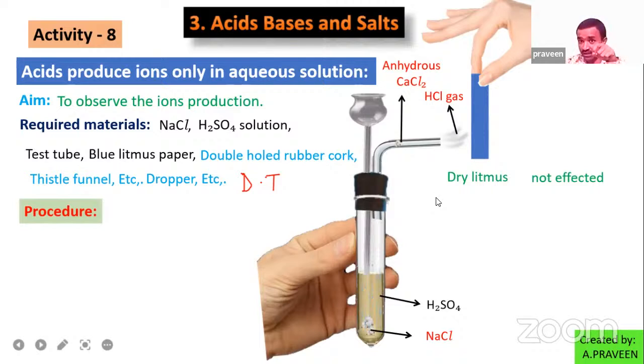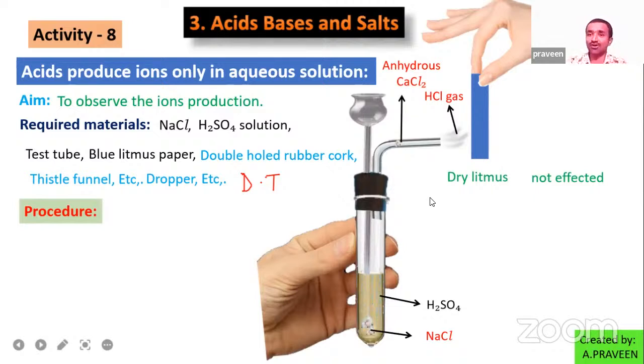That distilled water changed its nature towards acidic because of adding HCl only. So I got an idea: maybe HCl shows its acidic nature in the presence of water.